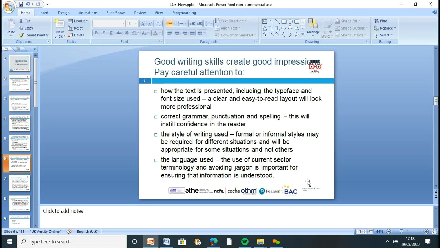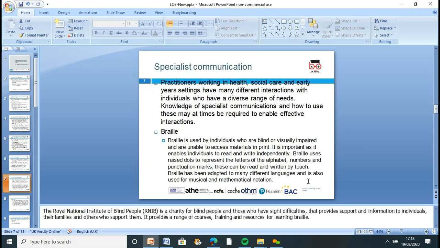The style of the writing used can either be formal or informal, and it depends on the situation what sort of style you're going to use. If you're filling out a report, it's going to be a formal style of writing. If you're just filling out a medicine report or prescription sheet to say this is the time I've given, that's going to be more informal.